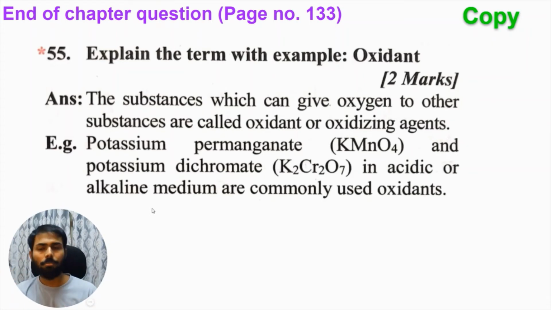So what will be the definition? The substances which can give oxygen to other substances are called oxidants or oxidizing agents. If a substance gives oxygen, only then can another molecule gain it, right? So the one giving the oxygen atom is causing the oxidation reaction. That's why it is called an oxidant. And you give examples: potassium permanganate, potassium dichromate. We have seen in detail how they are used as oxidizing agents.